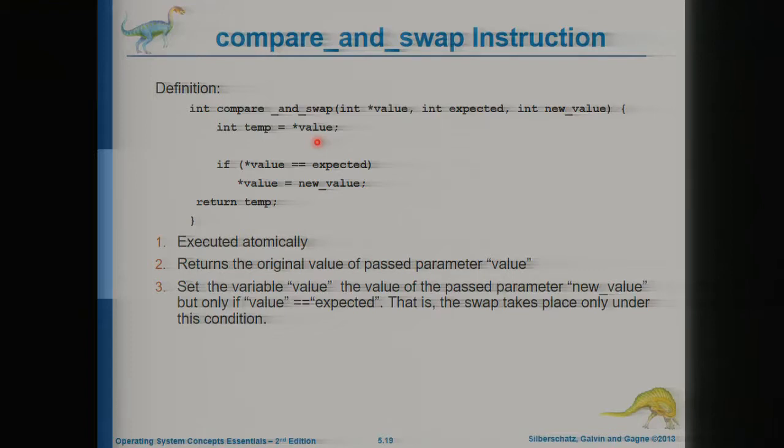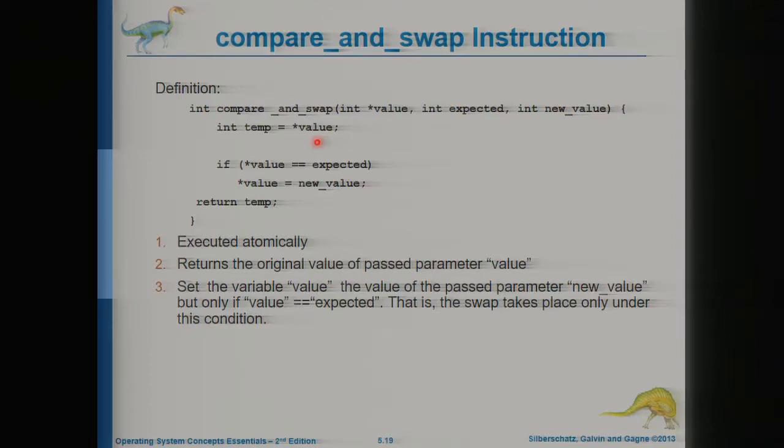The values are 0, 0 and 1 that are passed, right? So now temp is equal to 0, which is the value. Next we have if star value is equal to expected.